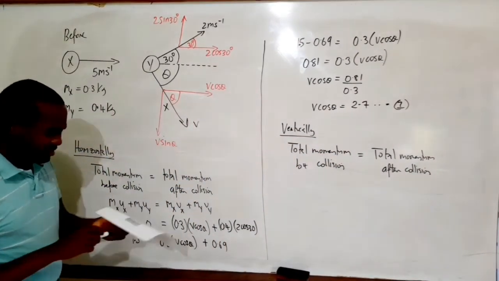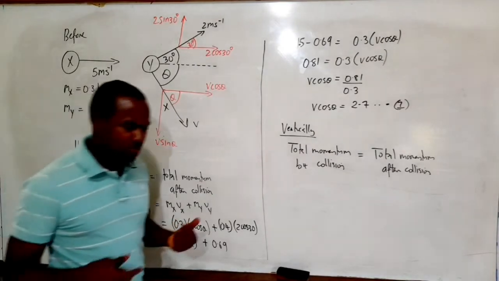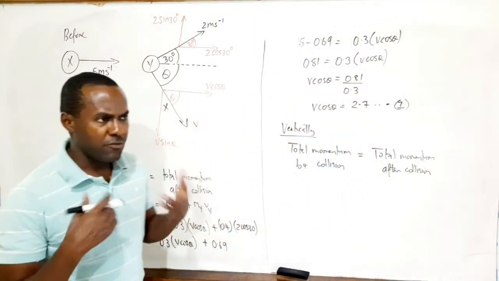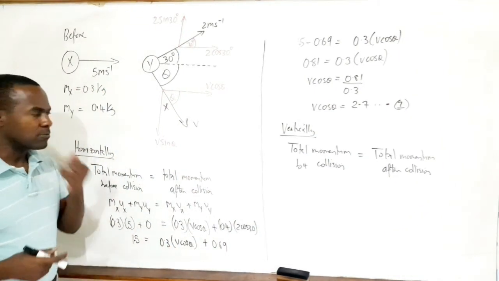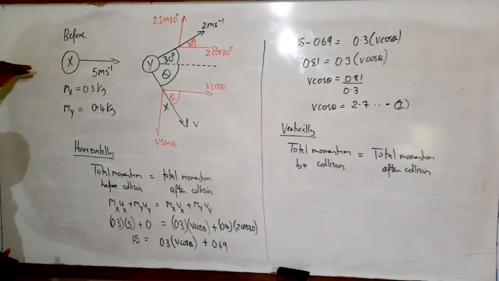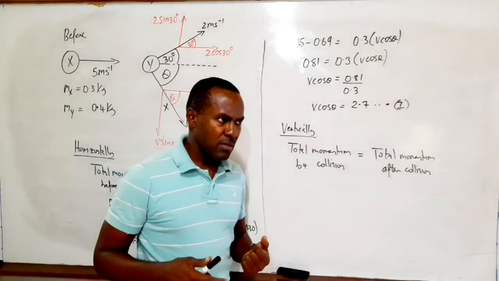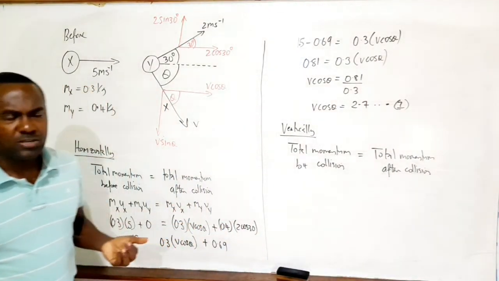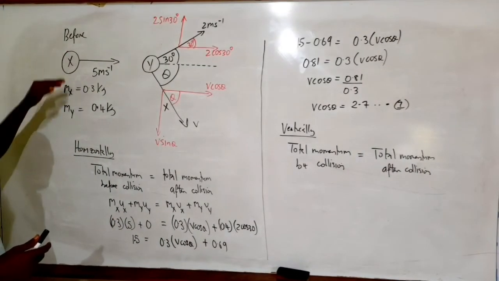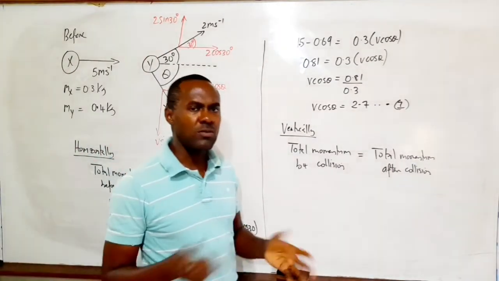Now remember that the principle of conservation of momentum deals with a before and after situation. So we have to examine what was happening before, and what happened after. Before, only one body was moving, ball X, and it was moving horizontally. So therefore this means that the initial vertical momentum is simply equal to 0, right?